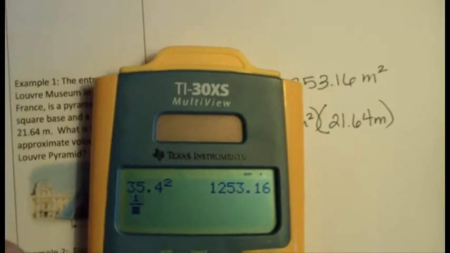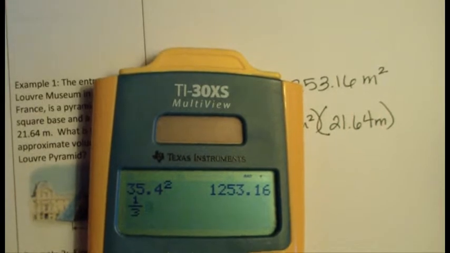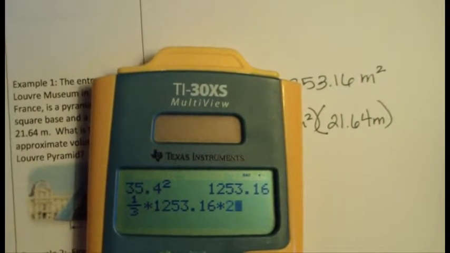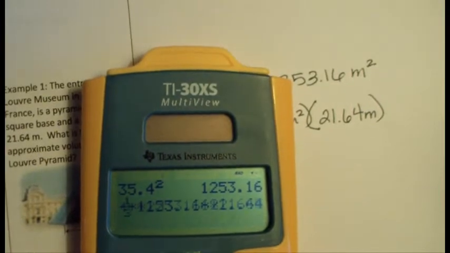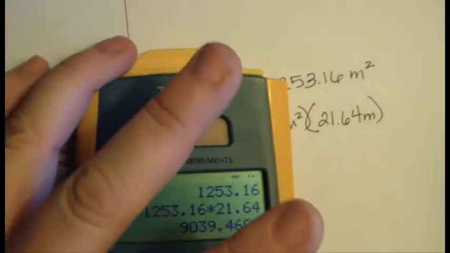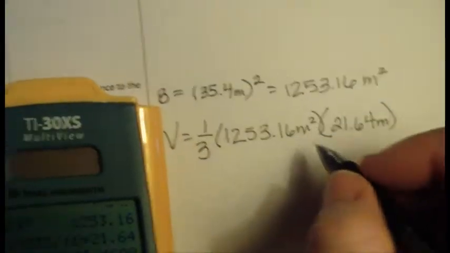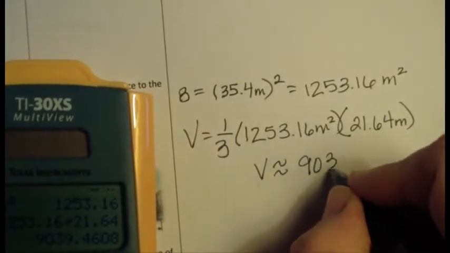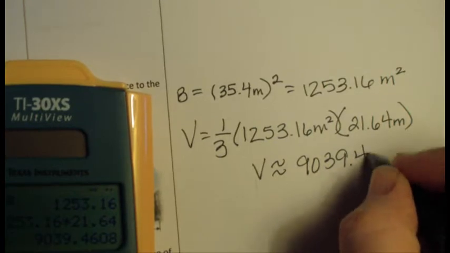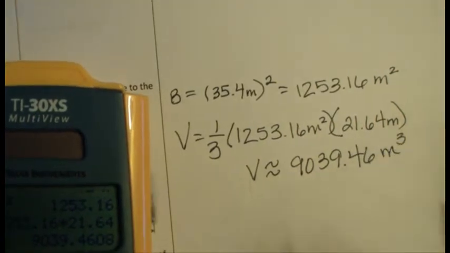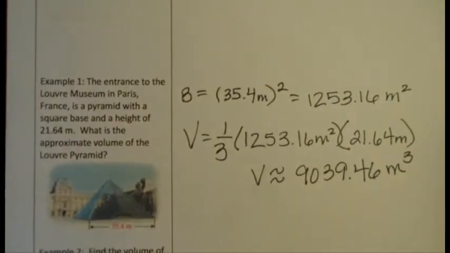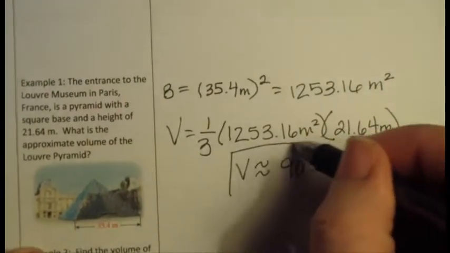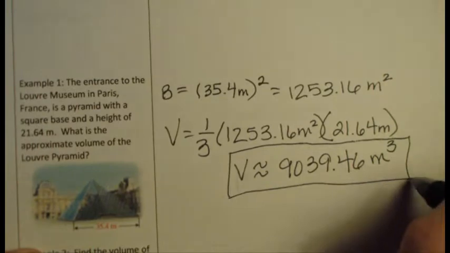So 1/3 times 1253.16 times 21.64 is 9,039.46. 9039.46 meters cubed. So remember, since we're working with volume, all of our units are going to be cubed. So there is your volume.